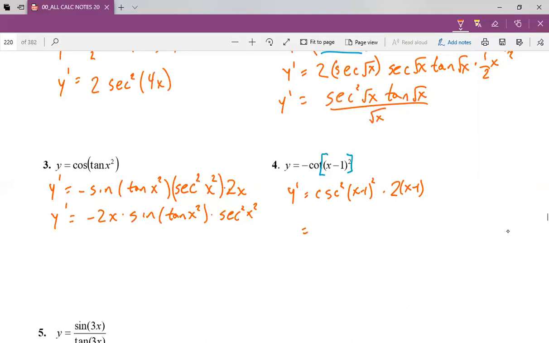Tidying that all up. We would normally write any binomial factors out in front of our trig factors. So 2x minus 1 cosecant squared, x minus 1 squared. And that's it.